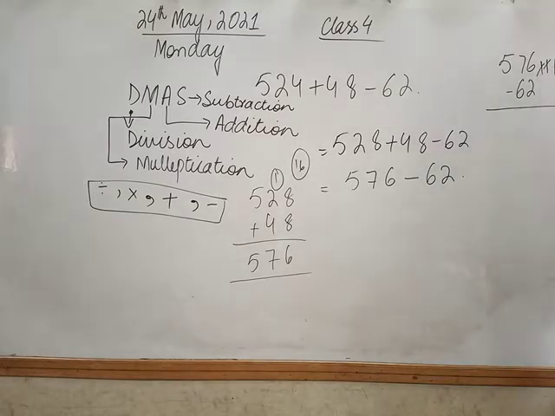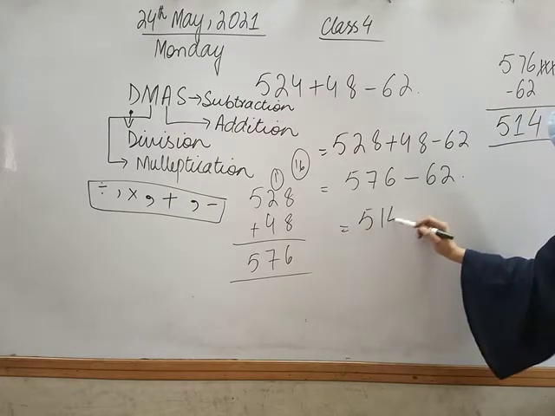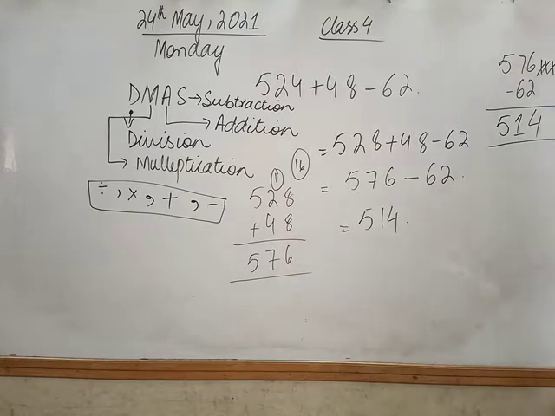So when we subtract 2, we have in the end 4. Fine. Now for next we have 7 minus 6. 1, 2, 3, 4, 5, 6, 7 and we will subtract 6 from it. We have 1 in the end. Fine. Now 5 in the end. We have 514 in the end. So this is all which is related to the previous lesson.